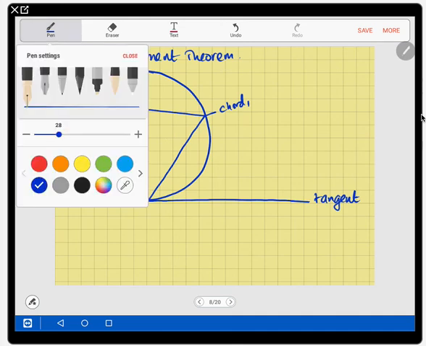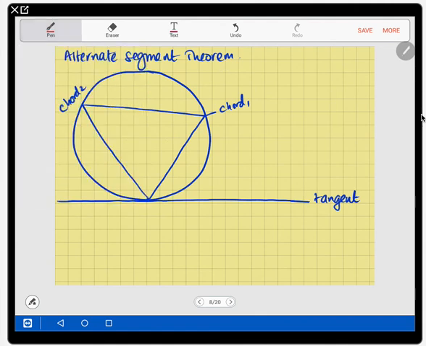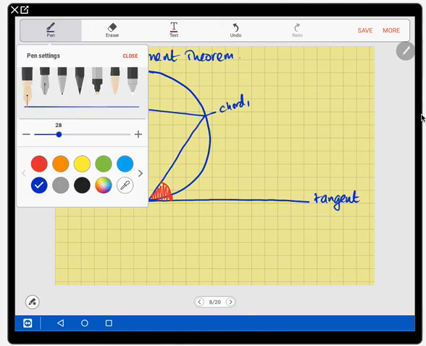What you will notice if you do that again, using a compass, is that this angle here and this angle here will be the same. I will label it for you so you can understand better.